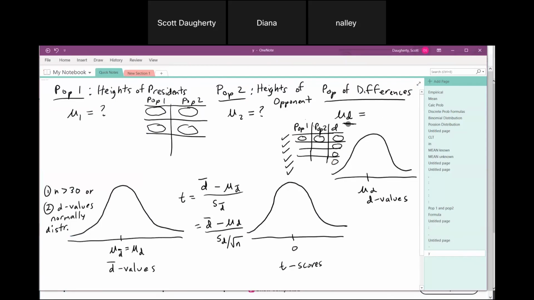So they're claiming that this is greater than 0, which kind of indicates that the president is taller than their opponent. In other words, they're probably thinking the taller candidate usually wins the presidential election. That's the claim, okay? So let's go ahead and work through that, and I'll show you how to work it out.